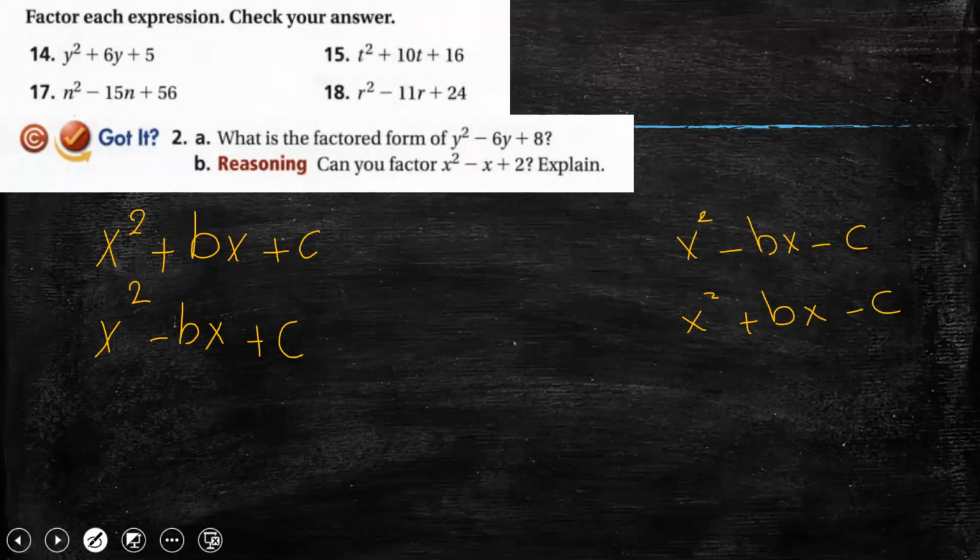These are the 4 cases that we will talk about in this lesson. Yesterday, we talked about these 2 cases. Look at these 2 cases. What is common between them? That the sign of c is positive. The sign of the constant c, the last number, is positive.